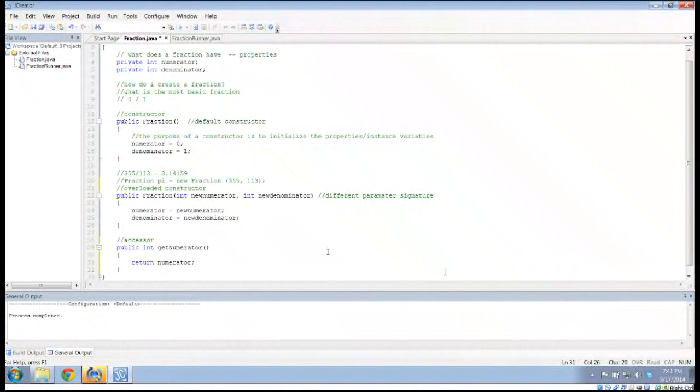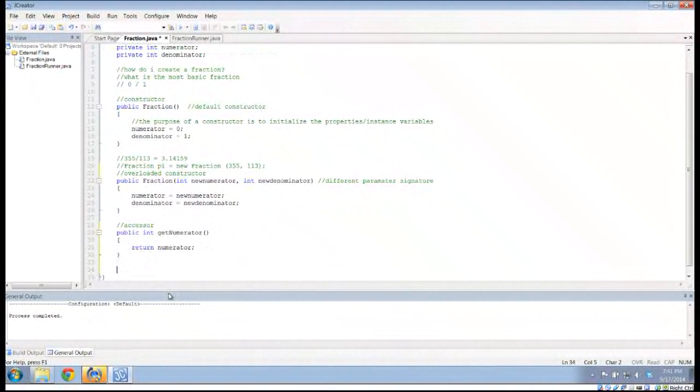I'm returning numerator. And the key thing to remember is that I'm giving them a value. I'm not giving them the variable. So this is something they can change later, and it doesn't affect me at all.